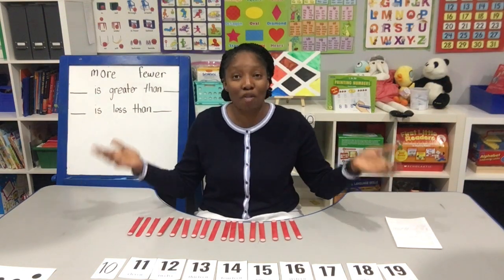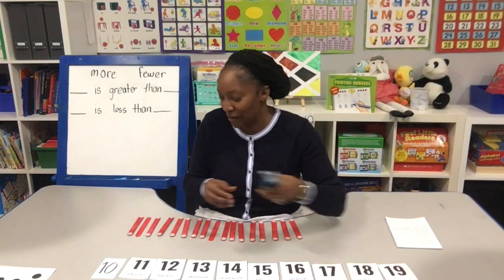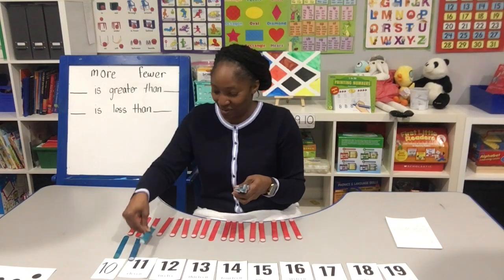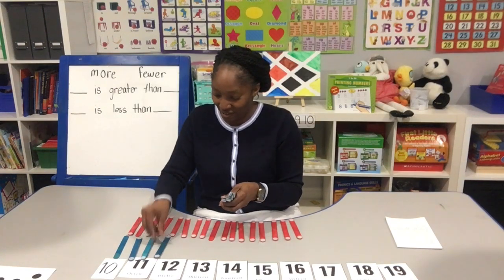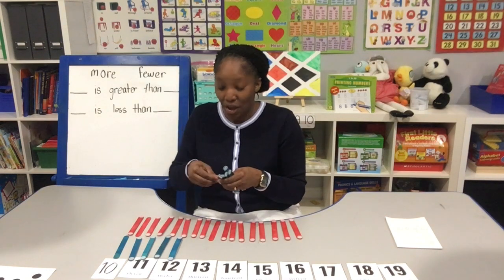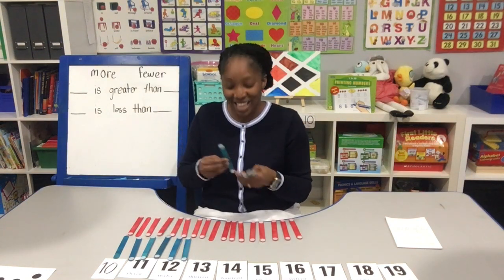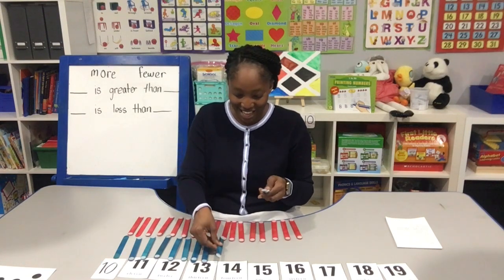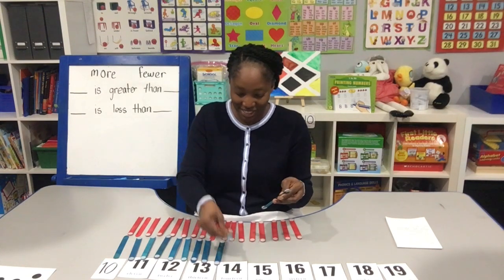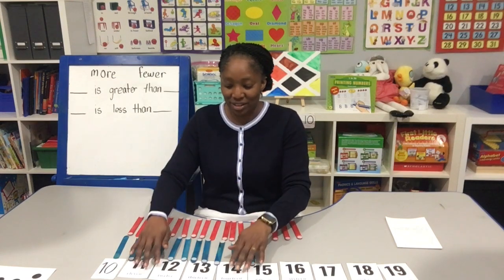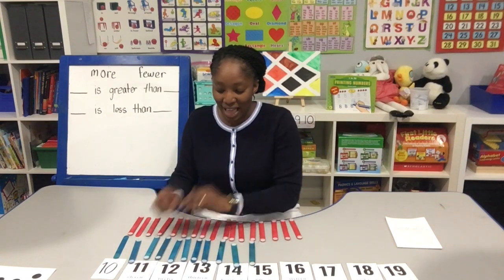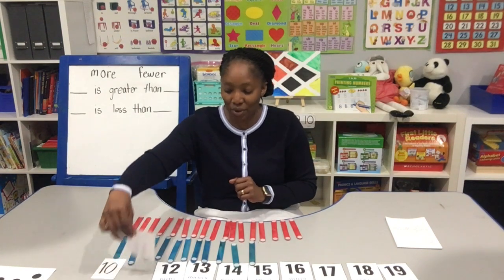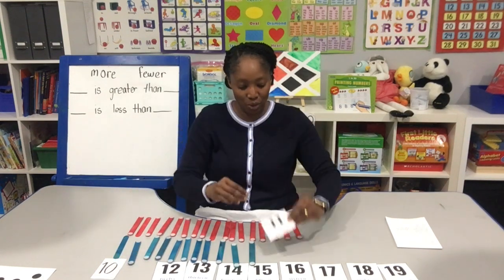I also have blue popsicle sticks. Let's lay them out. 1, 2, 3, 4, 5, 6, 7, 8, 9, 10, 11. So I have 11 blue popsicle sticks. I'm going to pick out the number 11. 11 blue popsicle sticks.